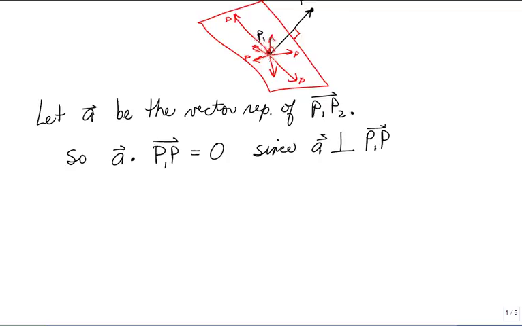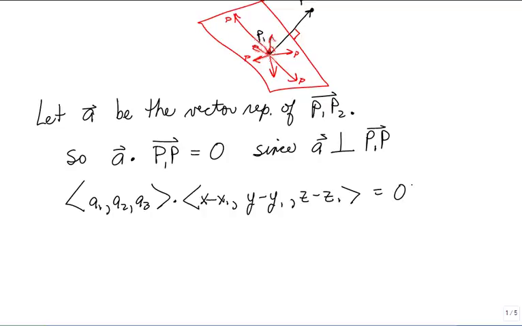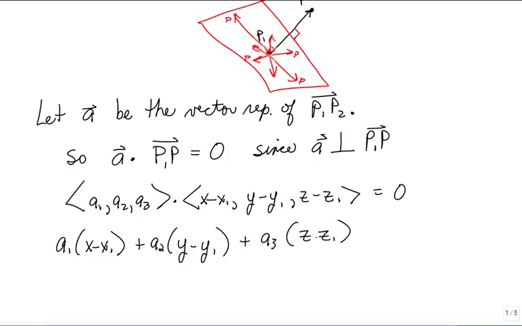So we have a1, a2, a3 dotted with x minus x1, y minus y1, z minus z1, and that's equal to 0. So I have a1 times (x minus x1) plus a2 times (y minus y1) plus a3 times (z minus z1) equal to 0.